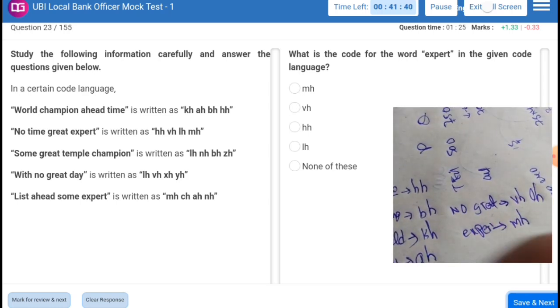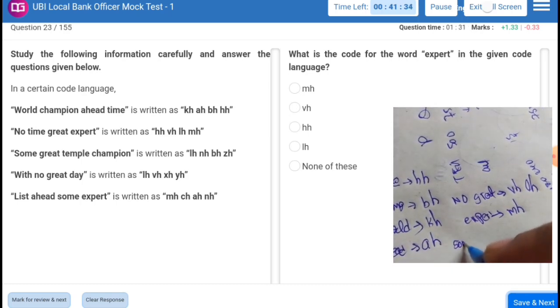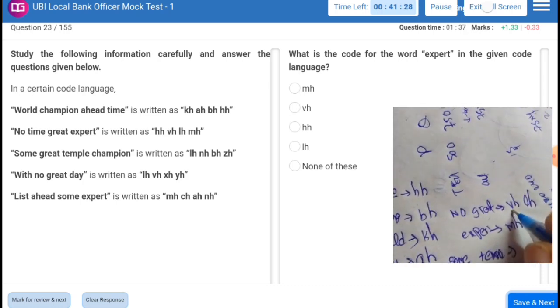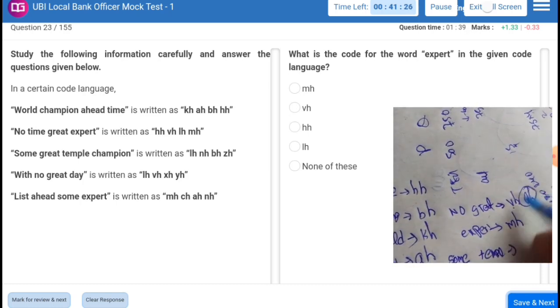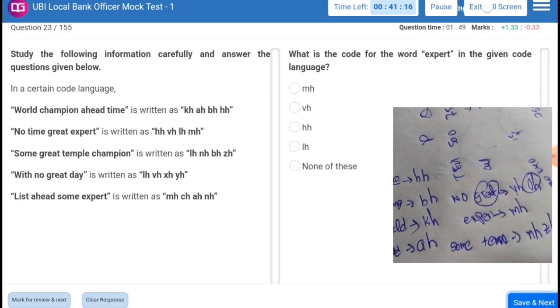Some great temple champion. Some great temple. So great is VH and LH, ZH. With no great day.